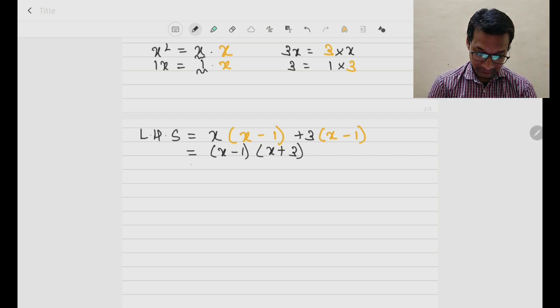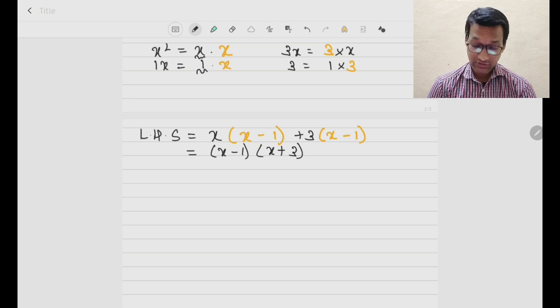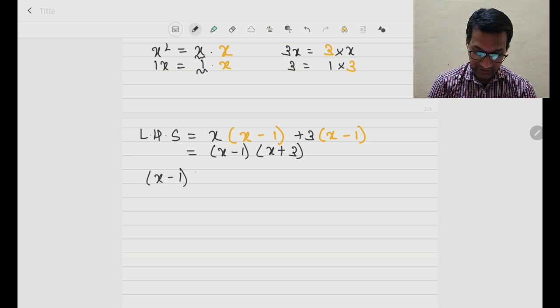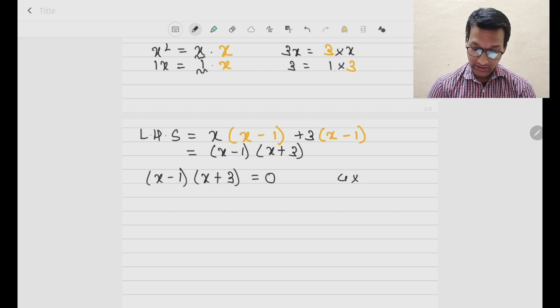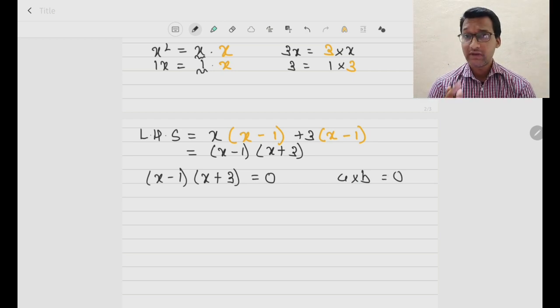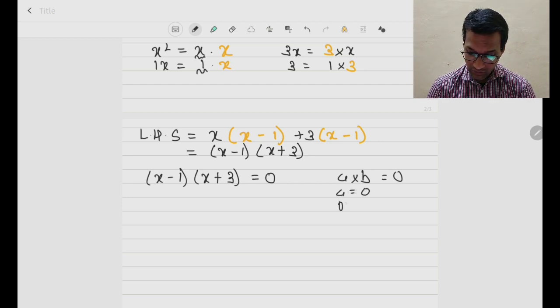Now these are the factors that we want. To find the value of x, we are going to equate x minus 1 and x plus 3 to 0. It is similar to a into b is equal to 0. If a into b is equal to 0, either a is equal to 0 or b is equal to 0.